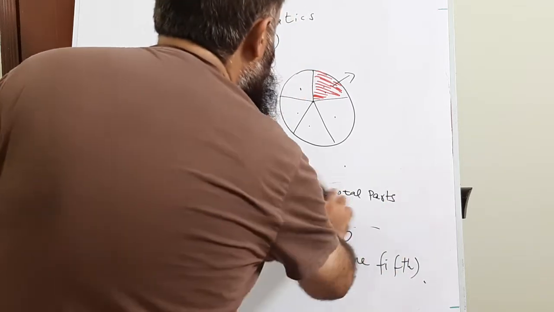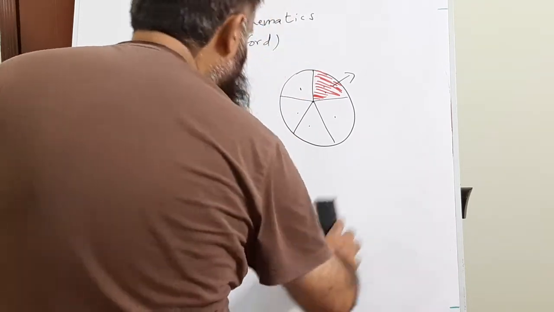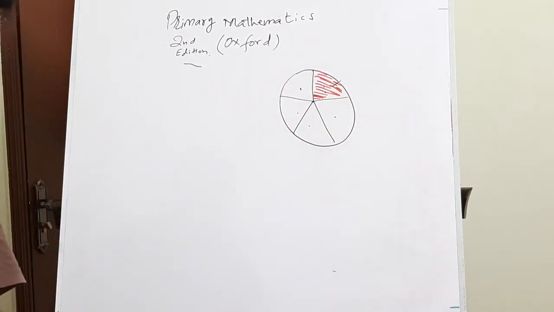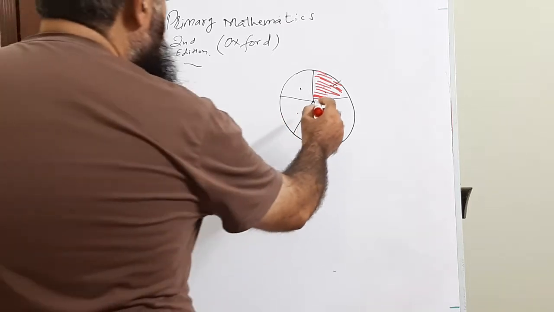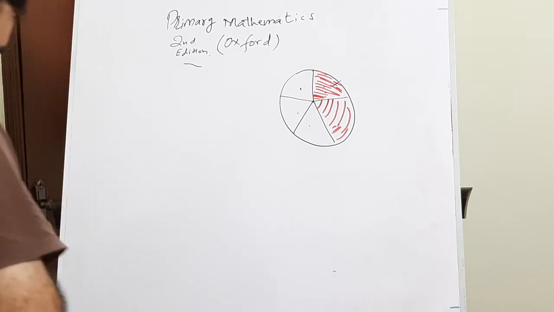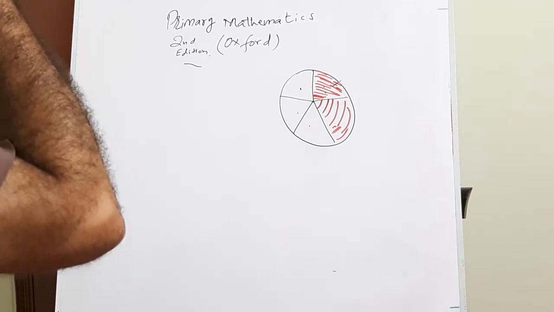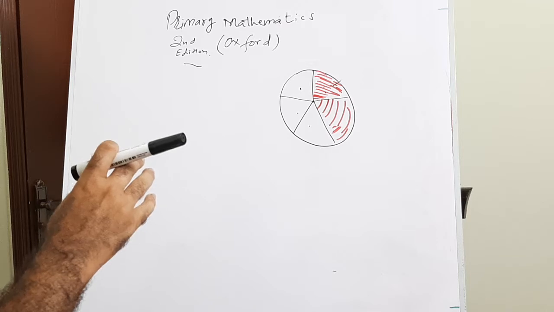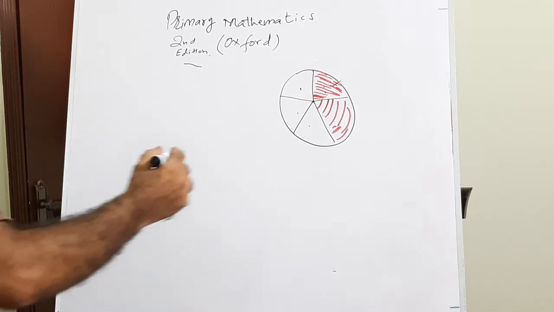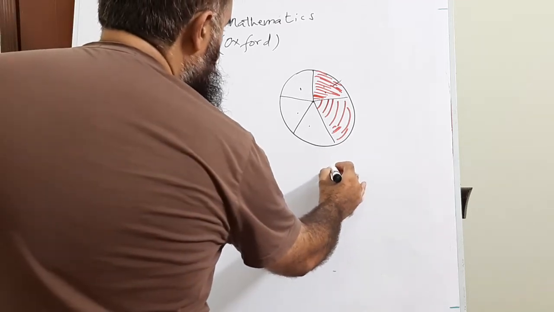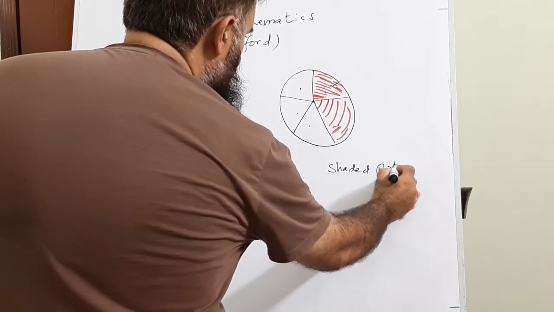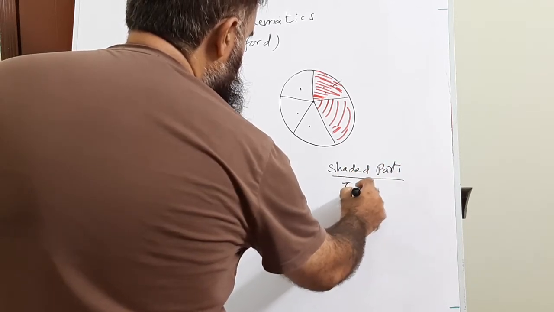Now the next figure also has 5 parts and therein 2 parts are shaded. We will tell you about this question in 2 different ways. One way is shaded parts over total parts.